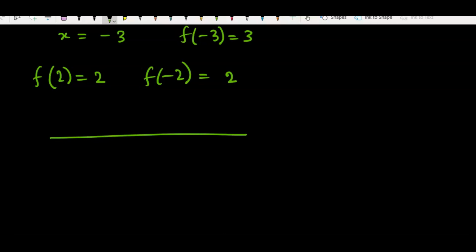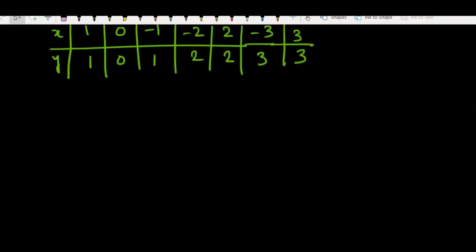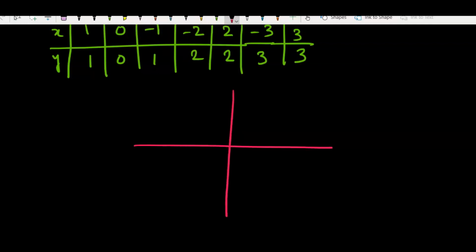So let's draw the table of x and y. 1 goes to 1, 0 goes to 0, minus 1 also goes to 1, minus 2 goes to 2, 2 also goes to 2, like this. Minus 3 goes to 3, 3 also goes to 3. So this absolute function always gives us positive values. If we plot the points in the table, you will get a shape like a V. All the y values are positive.